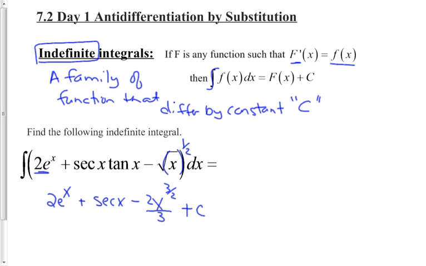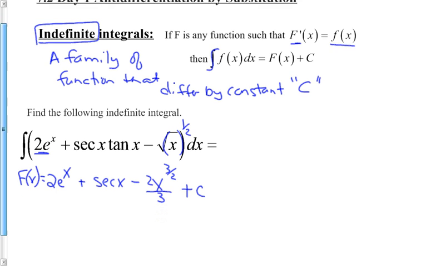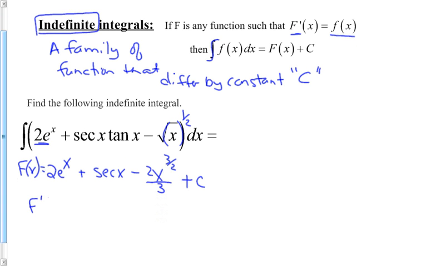Now, we can always go back and check to see if this is the case. So let's take a look. If this was our capital F of x function, then if we take the derivative of it, well, the derivative of 2e to the x will be 2e to the x.